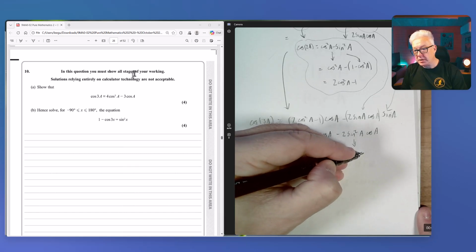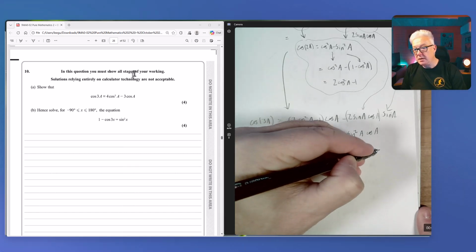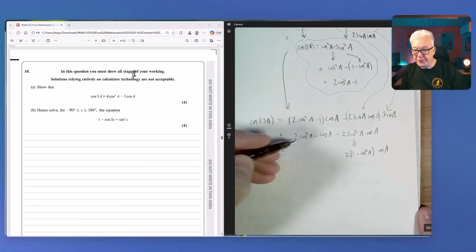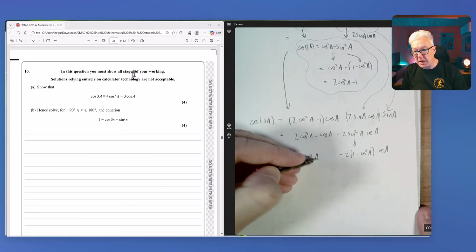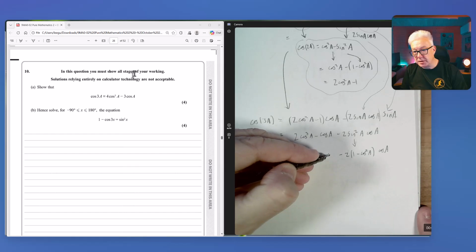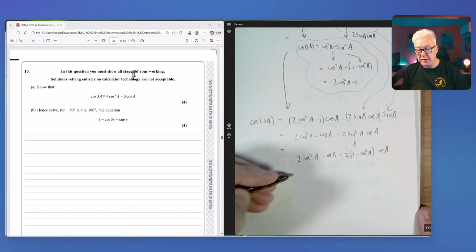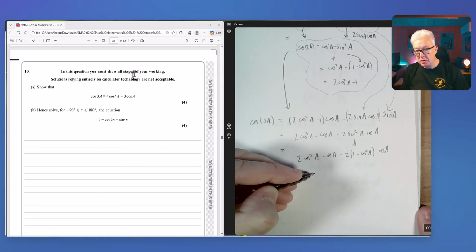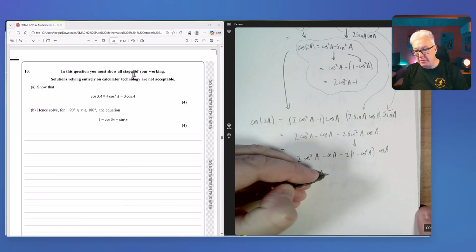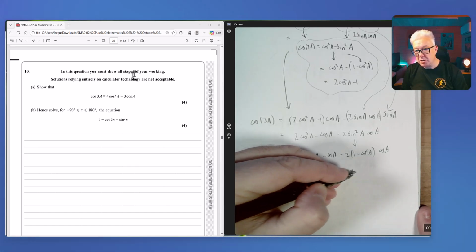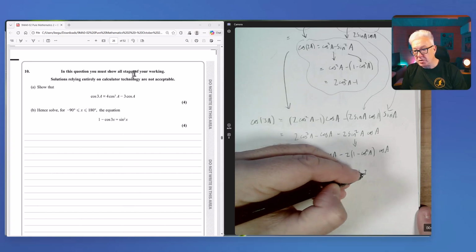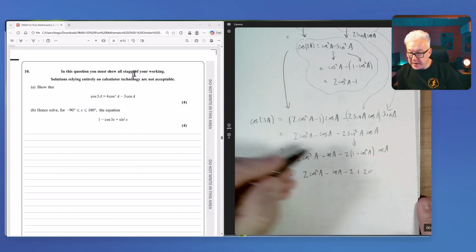So 1 minus cos²A times cos A, minus 2cos³A minus cos A. So therefore that is now going to be 2cos³A minus cos A minus 2 plus 2 lots of, oh, let's be careful, hang on.